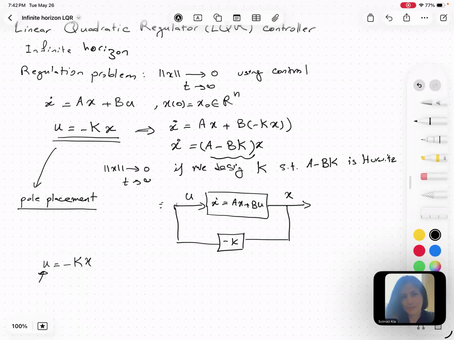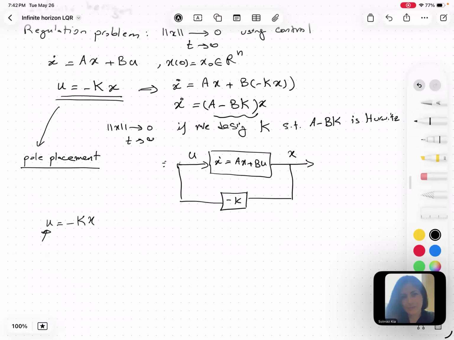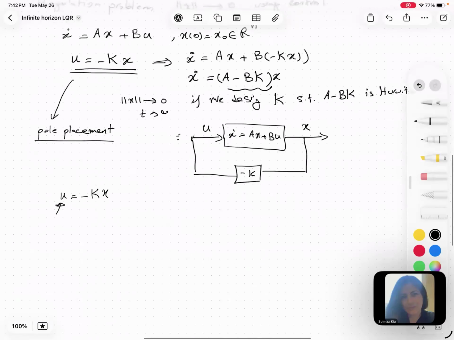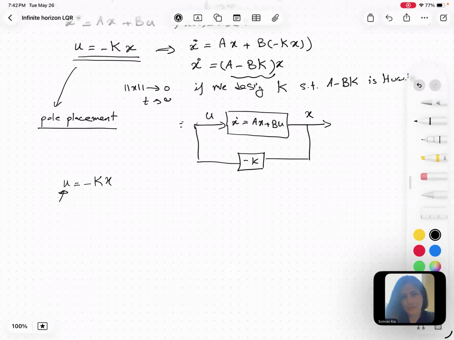So in this alternative design, the linear quadratic regulator, our objective is going to be balancing how fast we want to converge to zero, or how small we want to keep the state of the system, versus how much energy or how much control we want to expend. To create this balance between the state response and the amount of control that we are putting into the system, we have formulated this LQR controller, which looks at the problem in a different way.